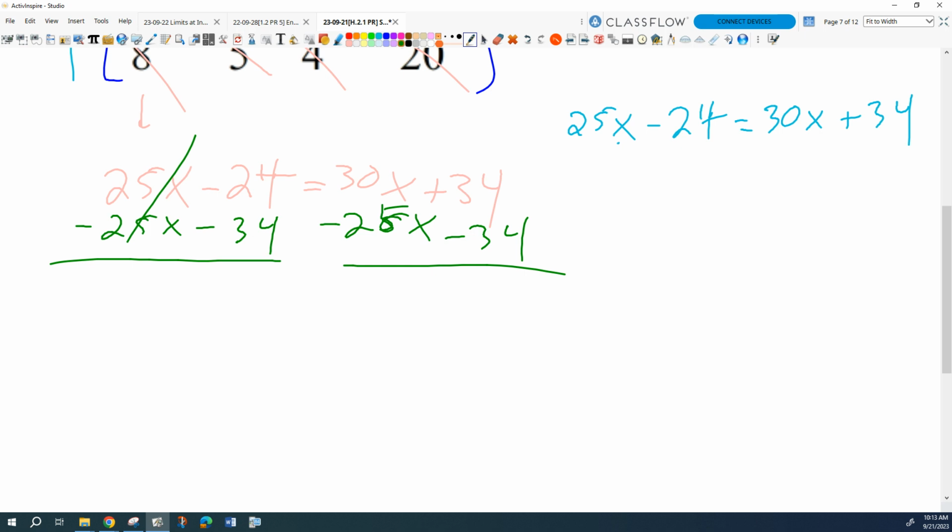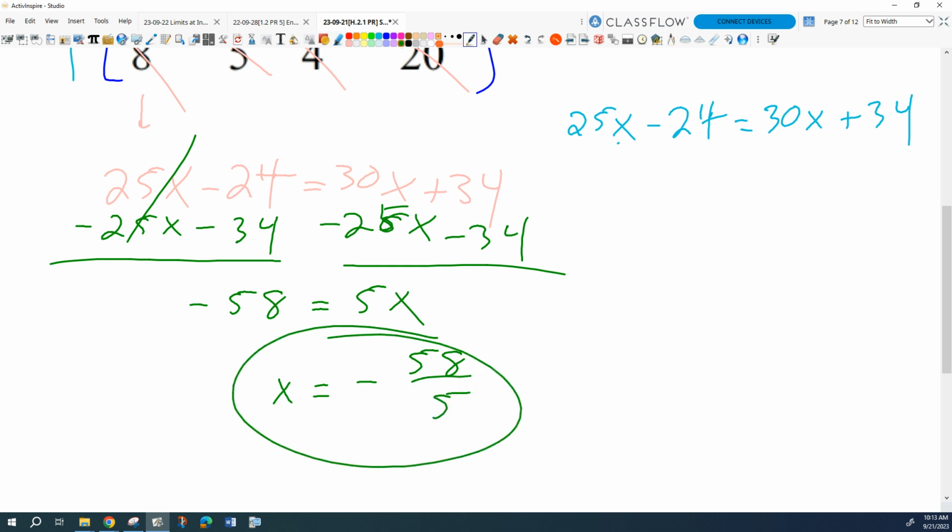That gives us what? So negative 58 equals 5x. Last step, divide by 5, and we get x equals negative 58 fifths. Good? All right, call it a day.